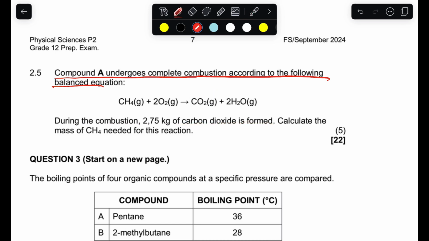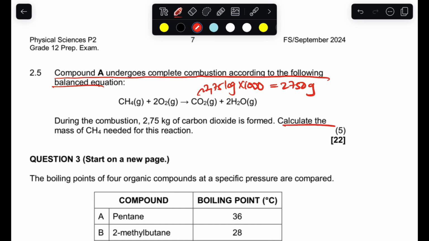So the carbon dioxide that is formed is 2.75 kilograms, right? Which, when you multiply that by 1000, is going to be 2750 grams. Remember, in chemistry, your mass must be in grams, right?